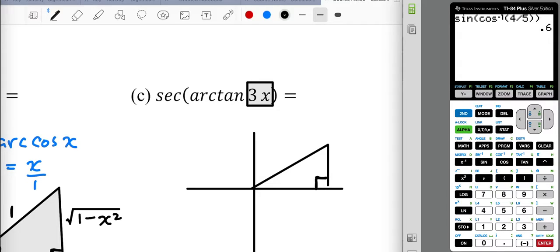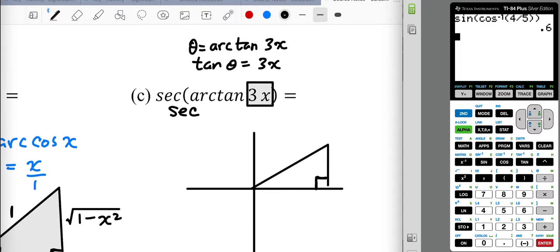So this whole thing, again, is theta. Theta is equal to the arctangent of 3x. So if that's the case, then tangent of theta is equal to 3x. And ultimately, we're looking for secant of theta.